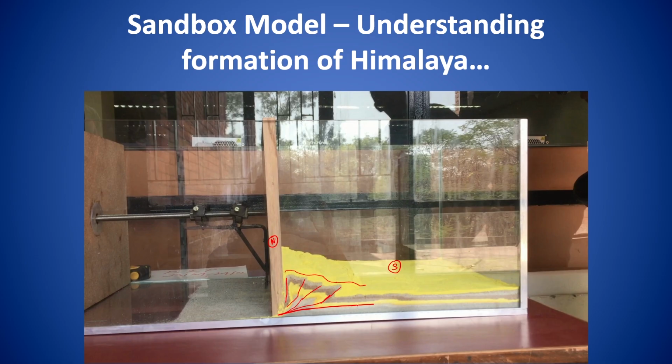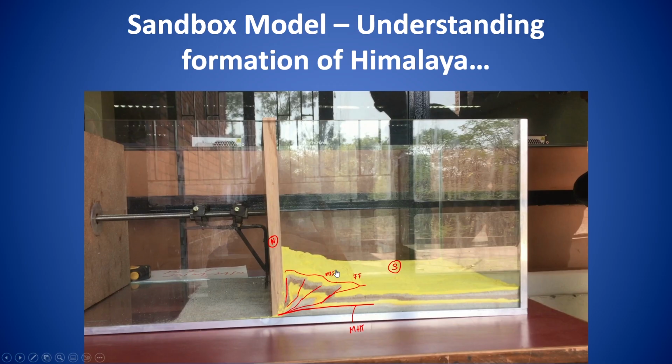So, this becomes your main Himalayan thrust, and this goes somewhere over here. This is your frontal fault, and then you have the MBT, and multiple splays of the MBT can also be seen.